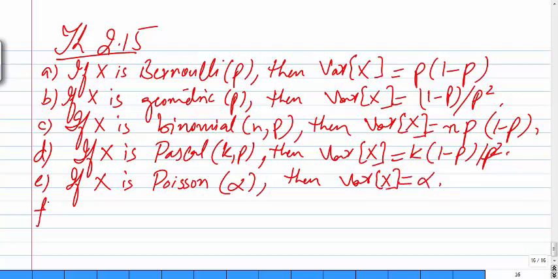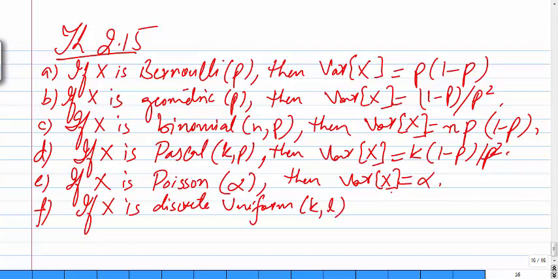And we have the last one, if x is discrete uniform k to l, then variance of x is equal to l minus k times l minus k plus 2 divided by 12.